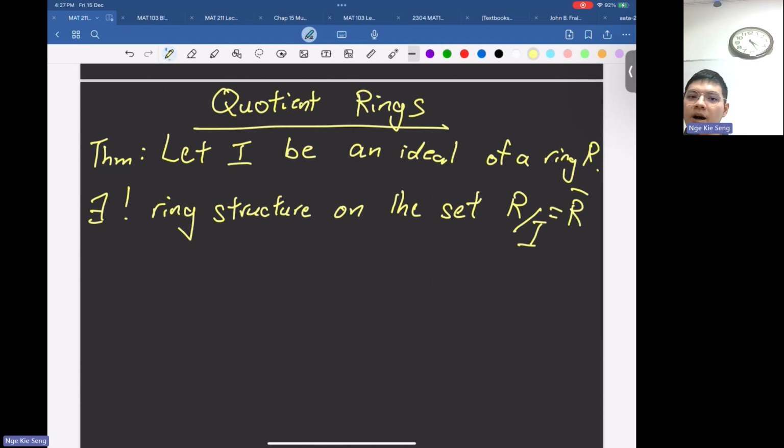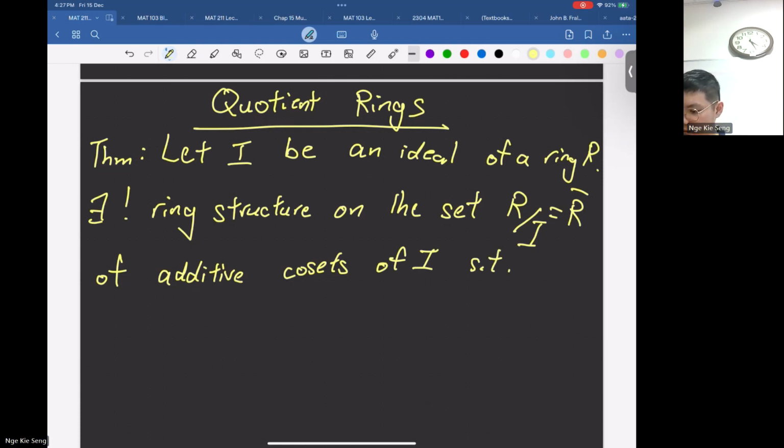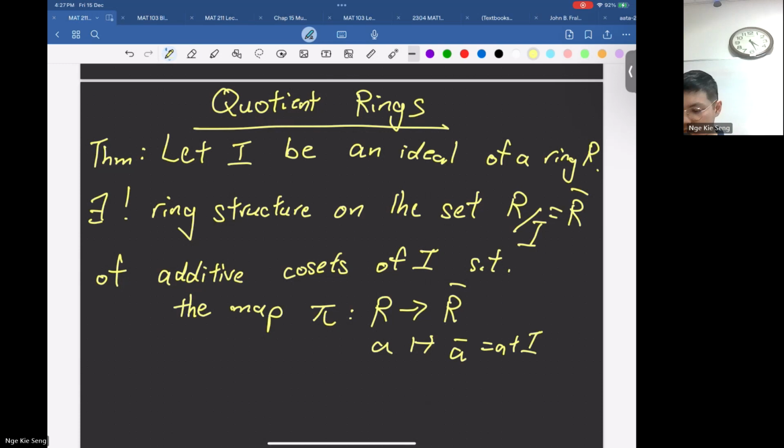How to understand this R bar? Because your ring is also a group, you can consider it as additive cosets of I, such that the canonical map, remember what that canonical map is, sends the element to its coset, is a ring homomorphism.